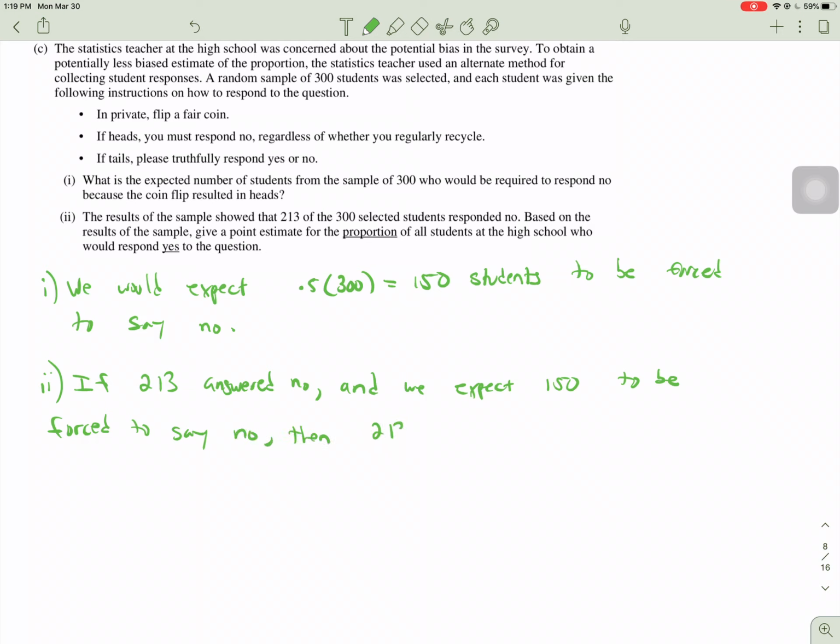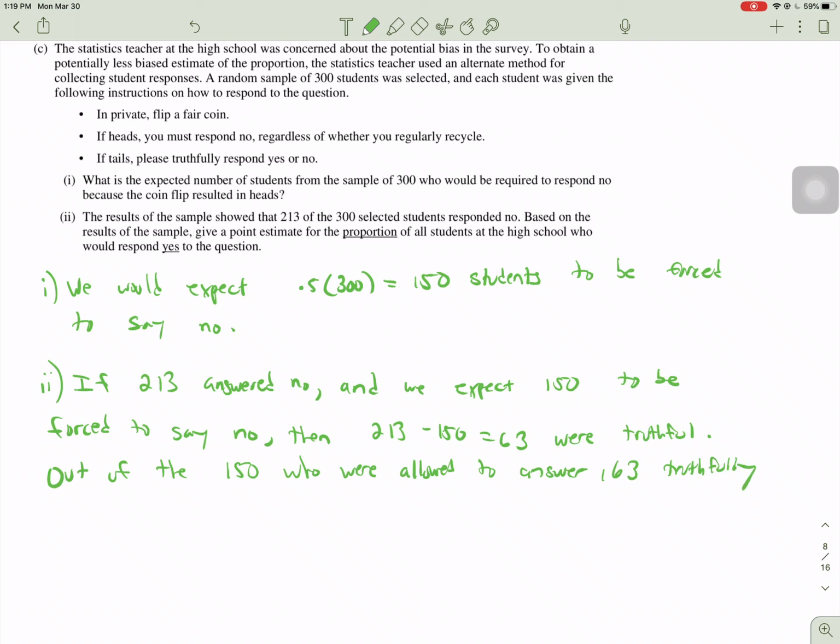then I just did a little quick math. 213 minus 150 is 63. So that means 63 people who said no were truthful. So out of the 150 who were allowed to answer, who didn't get heads, the ones that were allowed to give their right answer, 63 truthfully said no, not because they were forced to.